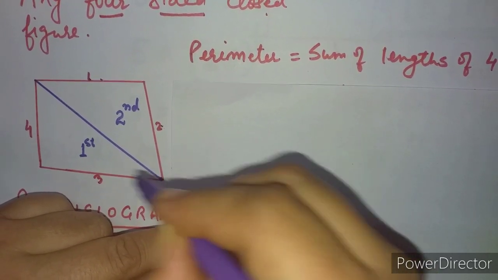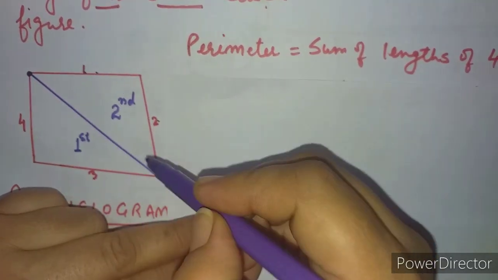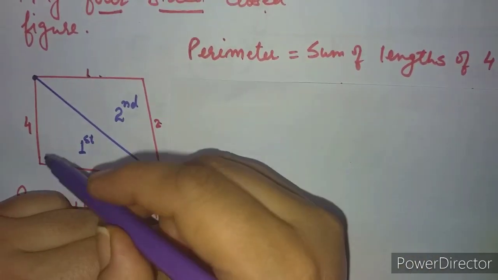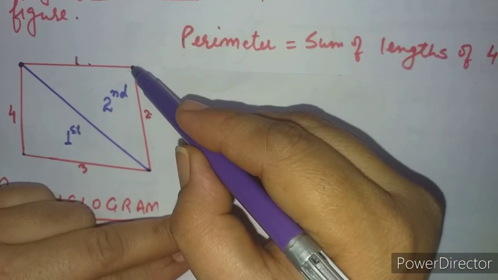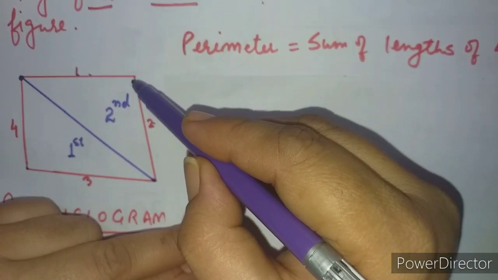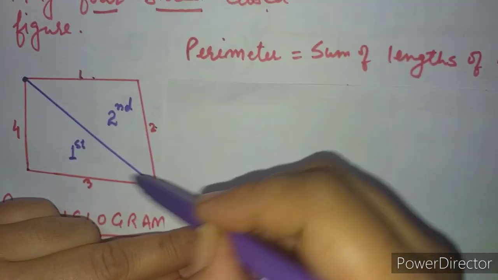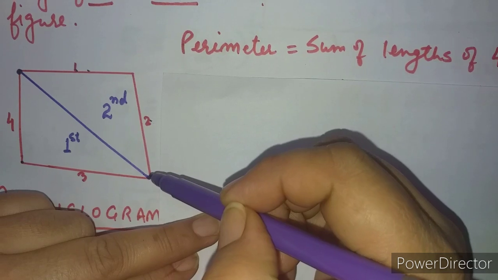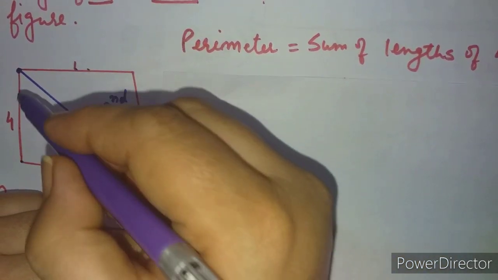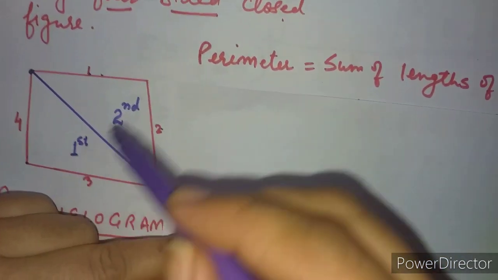This is one corner and opposite to this is another corner. This is one set, and we have another set also. If I join this with this, or this with this, we will definitely get two diagonals in a closed figure. For convenience, I have drawn this one only, not the second one.